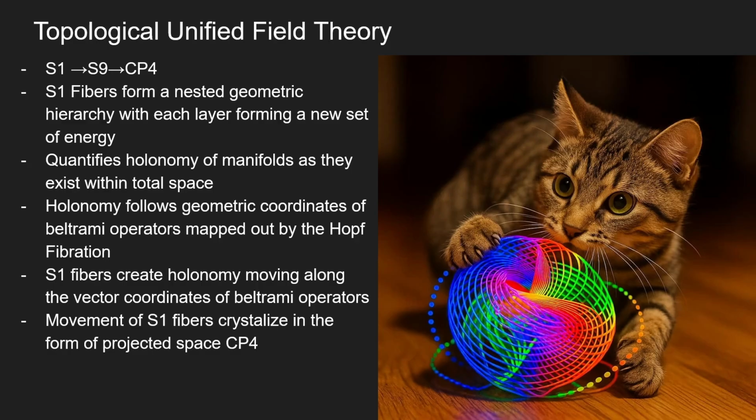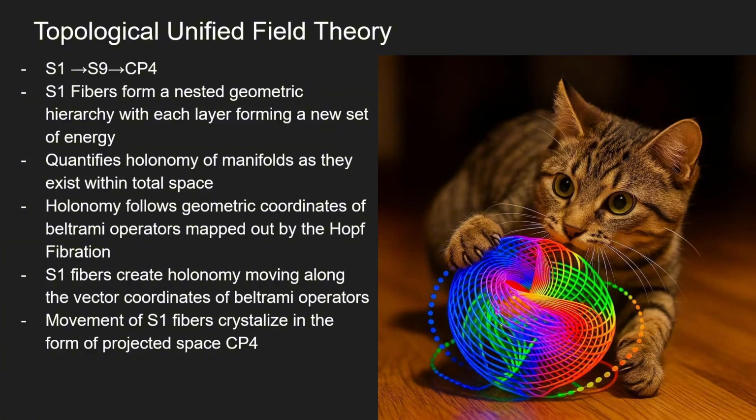So the holonomy follows geometric coordinates of Beltrami operators mapped out by the Hopf fibration. And the Hopf fibration is the thing that makes the S1 fibers move with perfect coordination. And the Beltrami operators are left behind essentially by the Hopf fibration to contain the pathways of the S1 fibers.